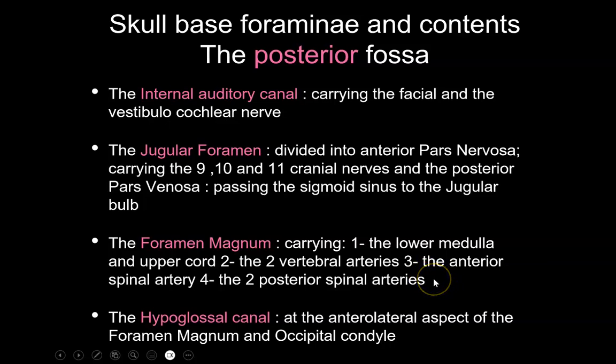You know, it arises from the motor nuclei of the upper cervical segments, C3, 4, 5, and it passes inside the skull through the foramen magnum, and goes out through the jugular foramen. And also one of the important foramina is the hypoglossal canal at the anterolateral aspect of the foramen magnum and the occipital condyle.